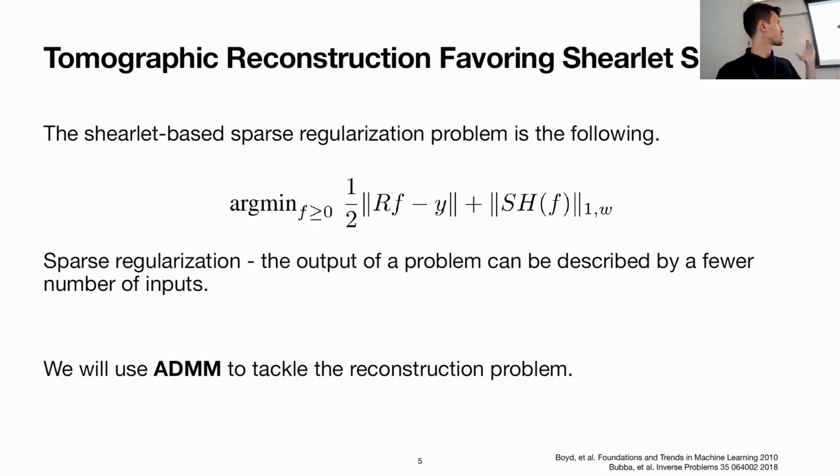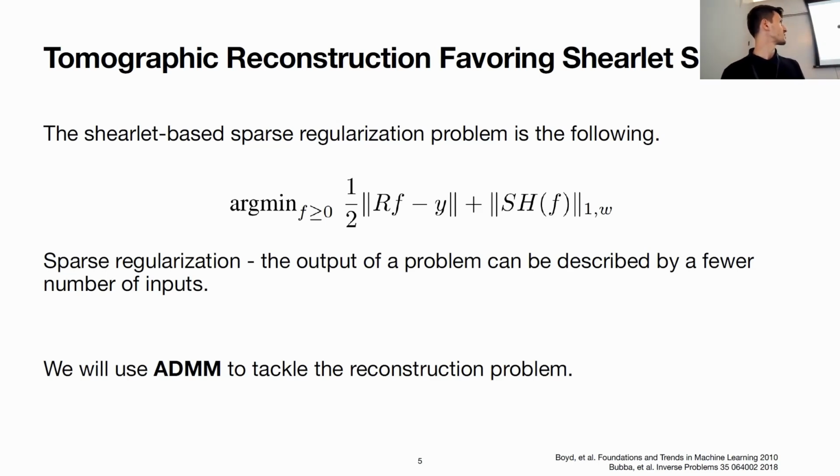We see the constraint here for the signals to be positive. You could have it or you could not have it, but it has been demonstrated that it improves results. And of course, sparsification operates on the assumption that the output of a problem can be described by a fewer number of inputs, and we will be using the alternating direction method of multipliers to tackle the aforementioned optimization problem.